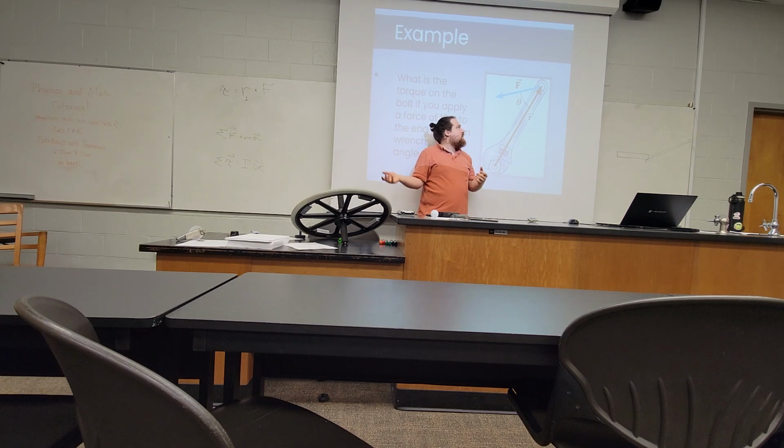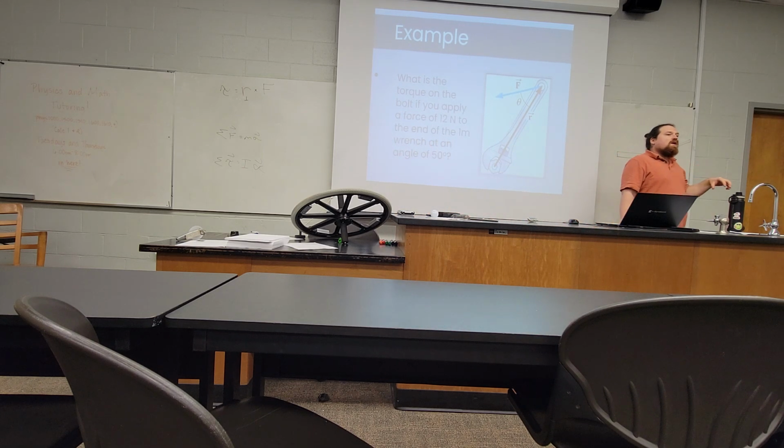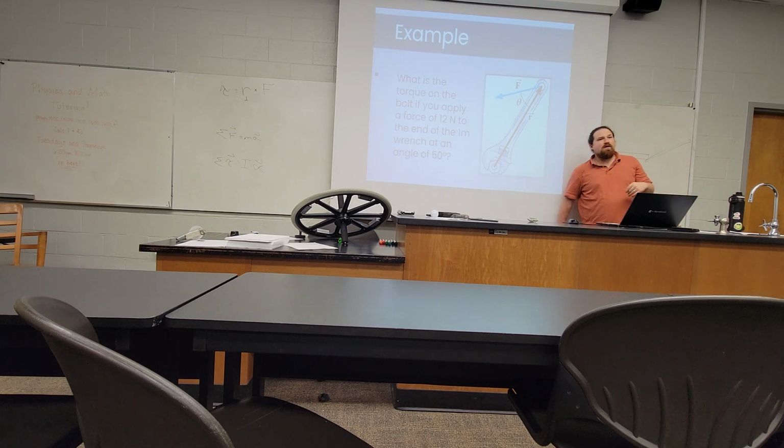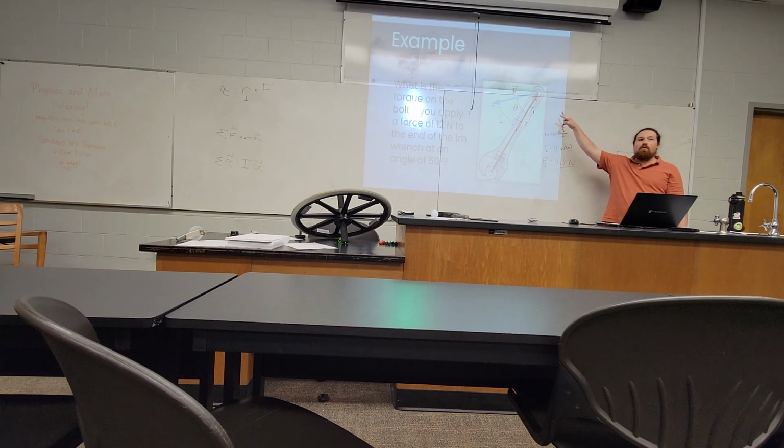For that reason, even if it's the same 12 newtons and the same 1 meter long wrench, not all 12 of those newtons are perpendicular, which means, trig again. Gotta use a tiny bit of trig to figure out how much of those 12 newtons are perpendicular.